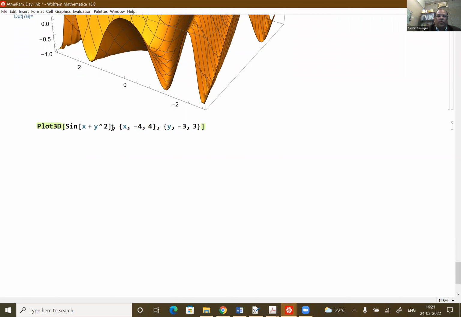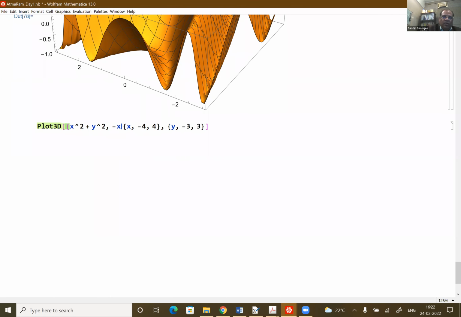I change this function, say x square plus y square. So this is one. So if you want two functions, I have to just put them in a curly bracket.